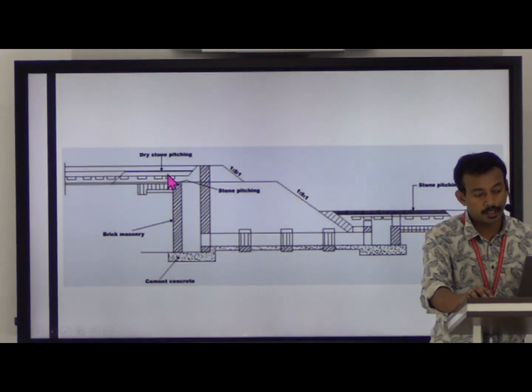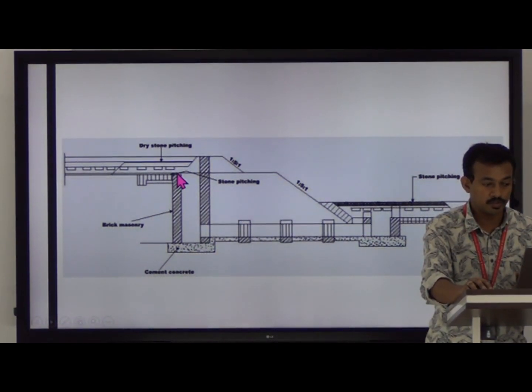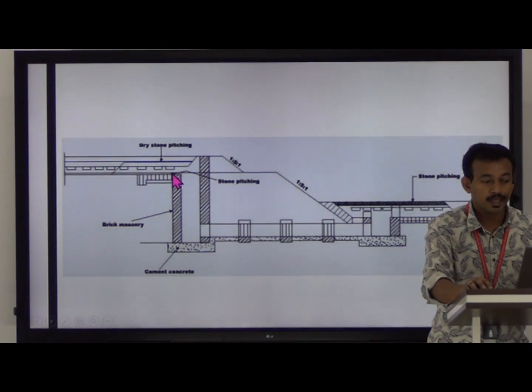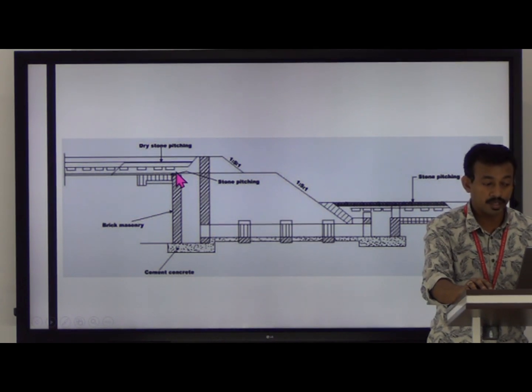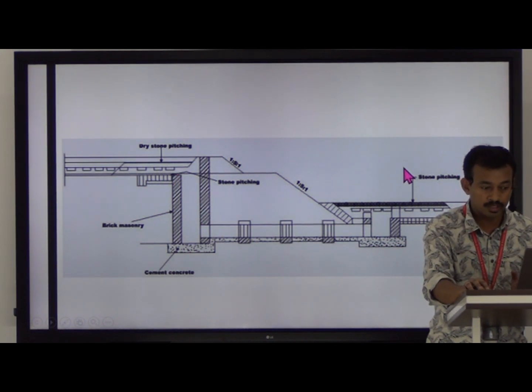Water is falling into the inlet well from this trapezoidal notch. So this trapezoidal notch is placed at the bed level of the upstream canal. So here we are placing the trapezoidal notch. Since this is the cross section, the trapezoidal notch is placed here.